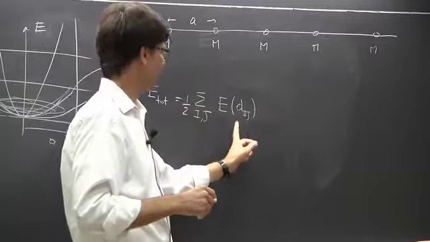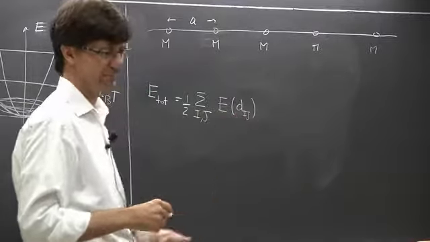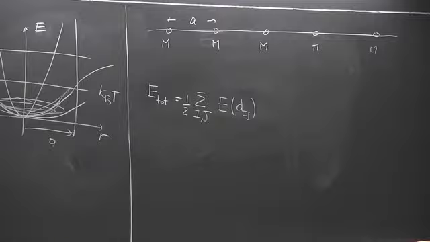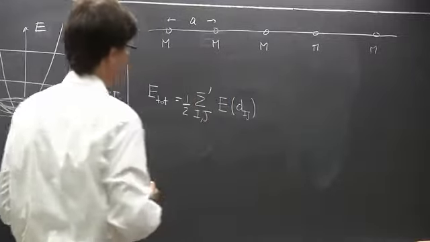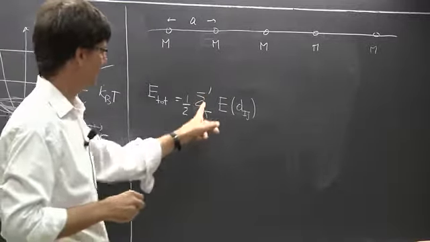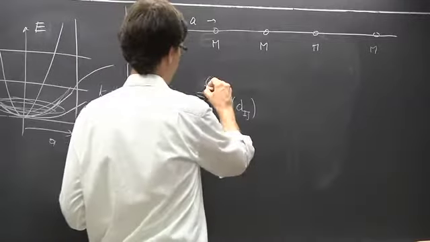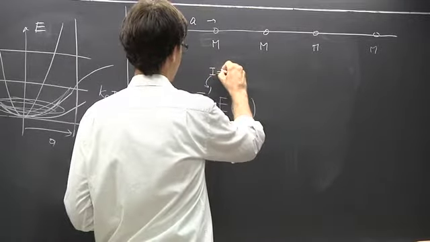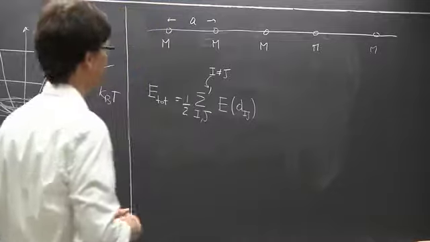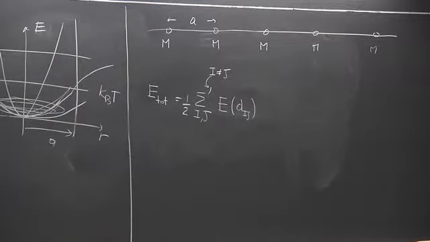If I include 1 and 2, I don't have to include 2 and 1. So I have to put a 1/2 and also put here this prime in the sum, which means that i is different from j. It's a typical notation to say that i is different from j.